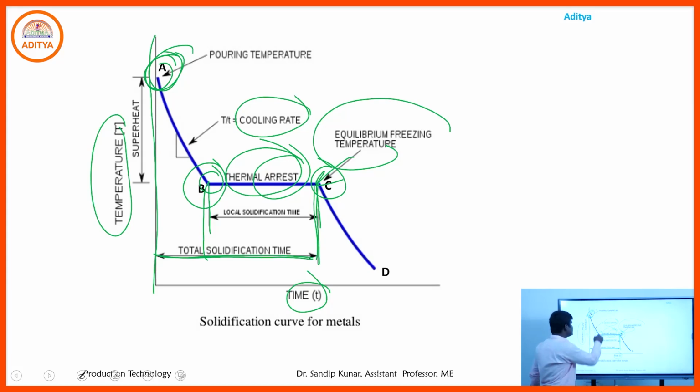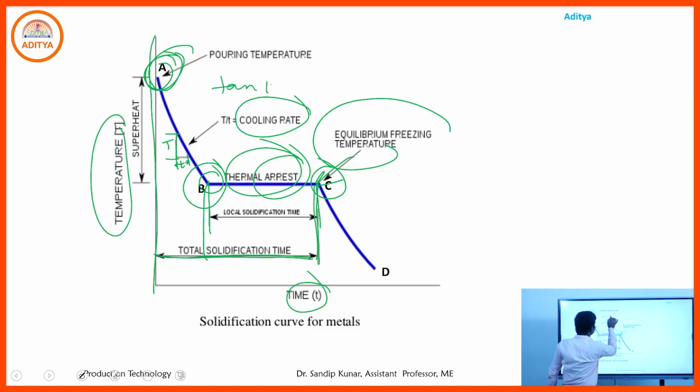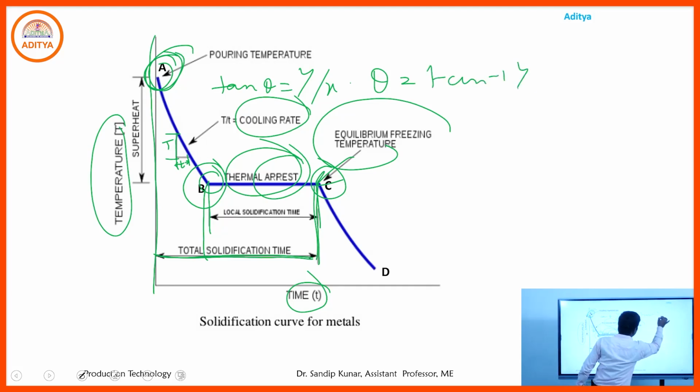We know slope means tan theta equals y by x, so theta equals tan inverse of y by x.